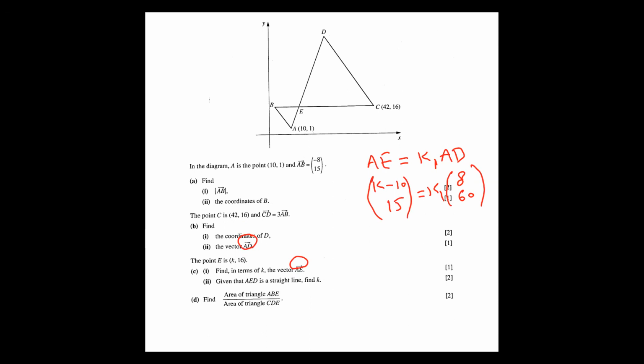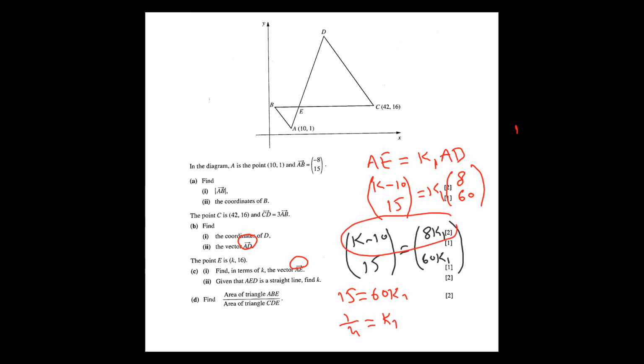So अब matrices के थ्रू अब आप ये कर लेंगे. मीन कैसे? K minus 10 15 उधर K1 मल्टीप्लाई करें अंदर तो आपके पास आ जाएगा 8K1, 60K1. सो करस्पॉन्डिंग एलिमेंट्स इक्वल करेंगे, इक्वल मैट्रिसेस हैं तो फर्स्ट को फर्स्ट के इक्वल करेंगे और K1 टू अननोन्स आ रहे हैं. तो आप पहले करें 15 इज इक्वल टू 60K1, तो वहां से K1 यू विल गेट 1/4. और अब वो इसमें यूज करें, K minus 10 is equal to 8K1 और K1 is 1/4.